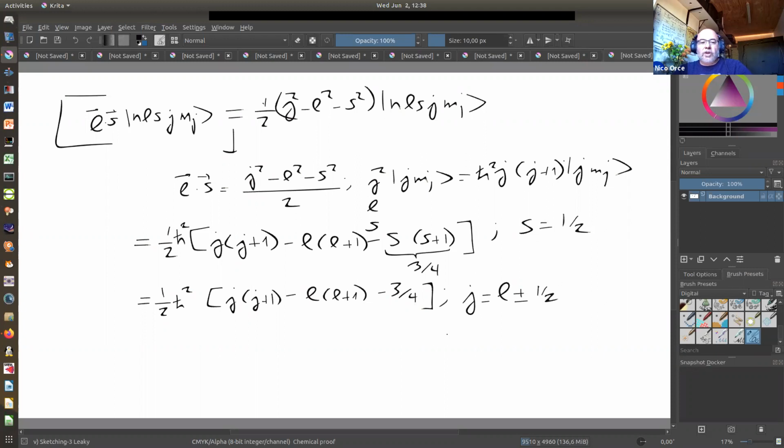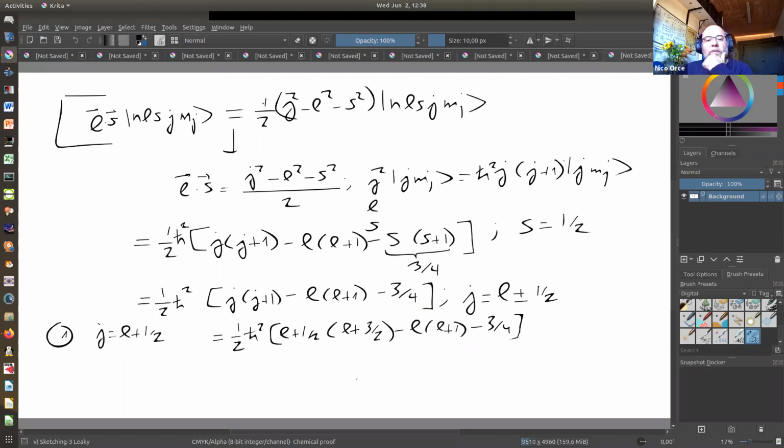So basically, we are going to have two possibilities. j equal to l plus 1/2, and then this will be equal to 1/2 of h bar square, l plus 1/2, l plus 1/2 plus 1 plus 3/2, minus l plus 1 minus 3/4. Right, and these brackets all close here.